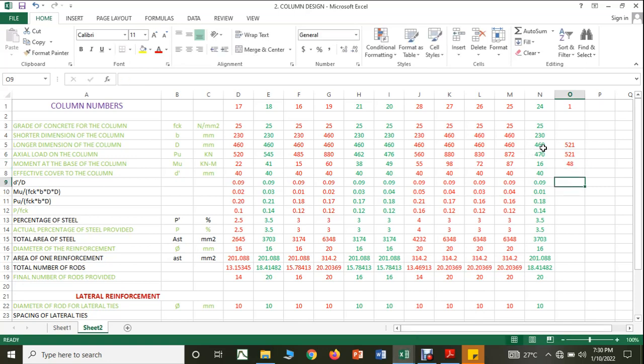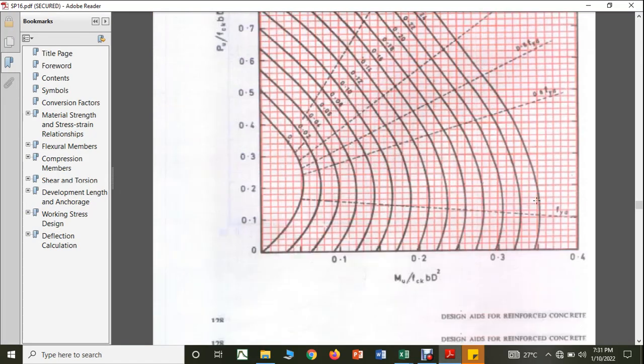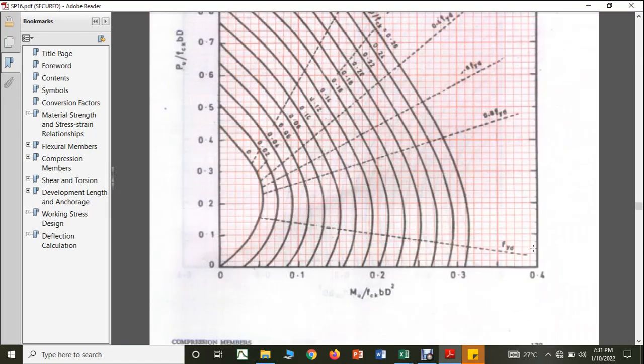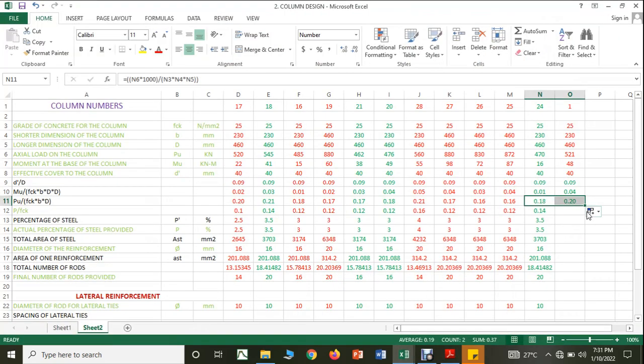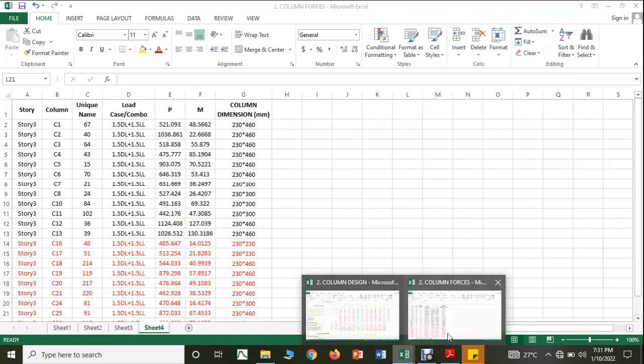According to this, the column dimension is 230 by 460. I'm going to maintain the grade of concrete as 25 and d dash as 40. So d dash by D is 0.09, M by fck b D squared is 0.04, and Pu by fck b D is 0.20. So I'm supposed to check chart 0.1, and the corresponding values are 0.20 and 0.04.